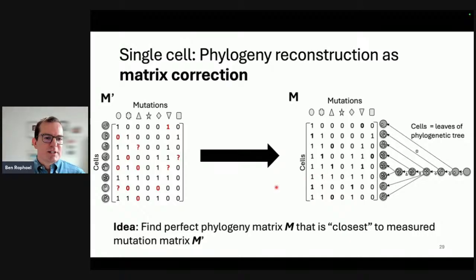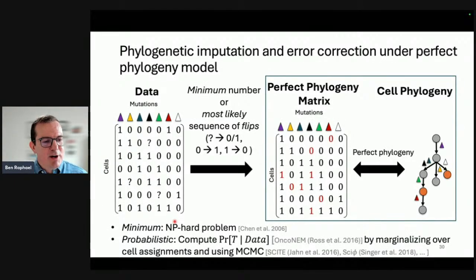So how would we do this? How difficult is this? Again, even under the simplest model, the perfect phylogeny model, we find that this is an NP-hard problem if we ask for the minimum number of changes or edits we need to make to the matrix.